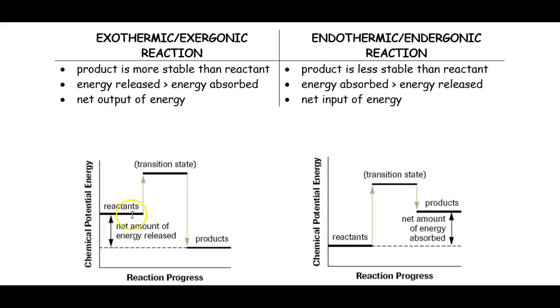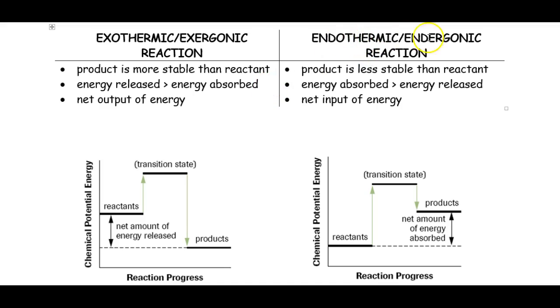So my reactants are going to have more energy, and then they're going to be transformed into products, and through that process their final energy is going to be lower than what it started with, right? They're just kind of taking a big exhale and releasing some energy. So in an exothermic reaction, it's not that there was no energy absorbed, it's just that the amount of energy released was greater than the amount that was absorbed.